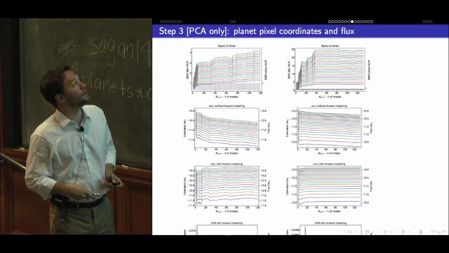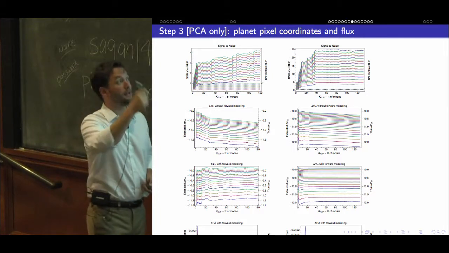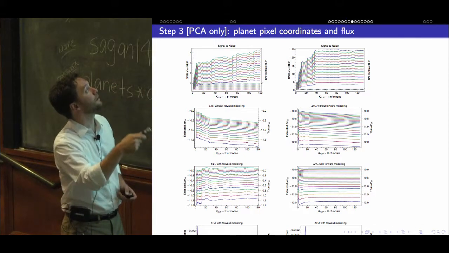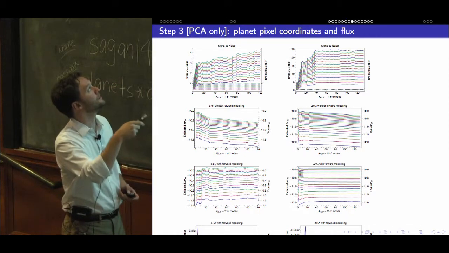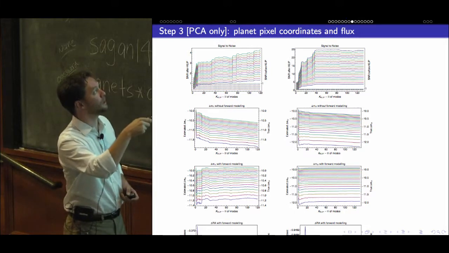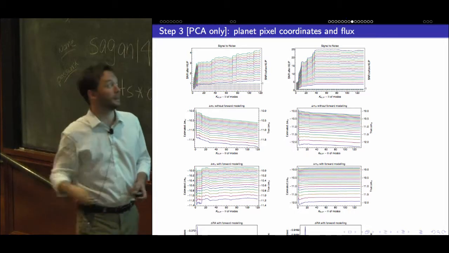And when you inject a fake point source in your data, and then you apply this formula and try to retrieve its photometry, so that's the SNR of the fake point source I injected, something at SNR 3, something at SNR 15. If you don't do the Fourier modeling, you see these curves here, where the flux is being eaten up by the algorithm.